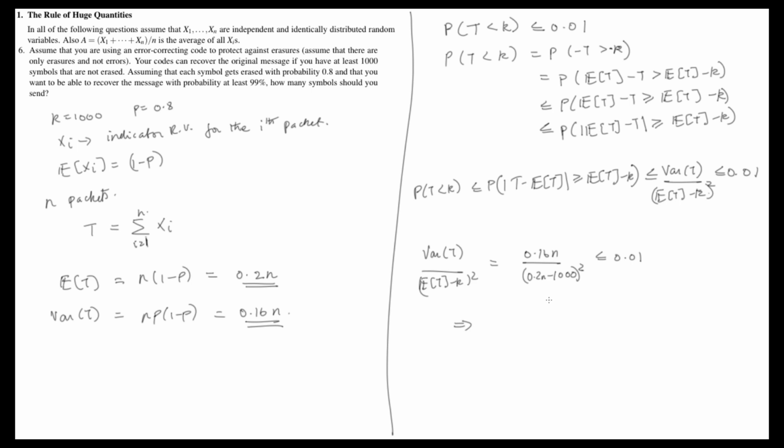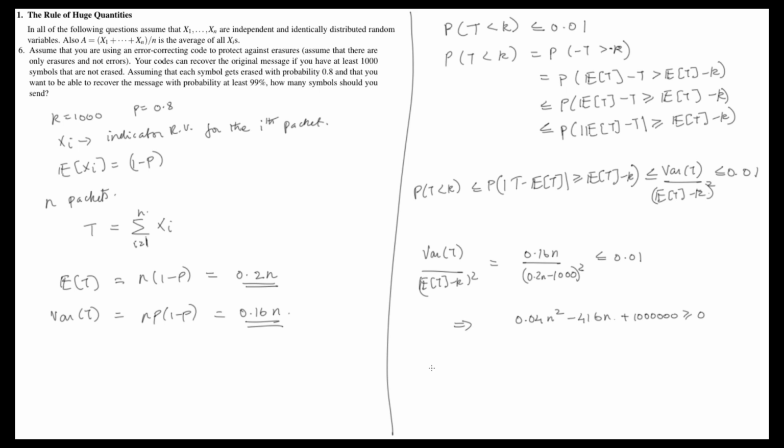When we rearrange this, we get a quadratic, and I'm just going to write the quadratic here: n squared, negative 416, plus 1 million is greater than 0, because I'm sure everybody can do this on their own. We see that the numbers here are of very different orders, but that's only because n is going to be a fairly large number in order to force the number of packets to be greater than or equal to k.